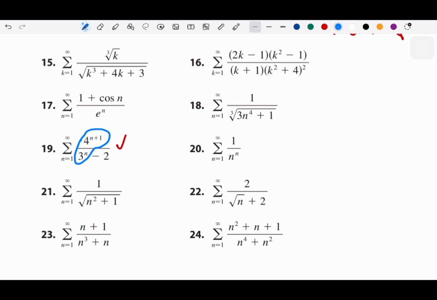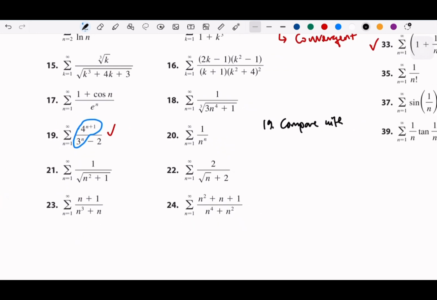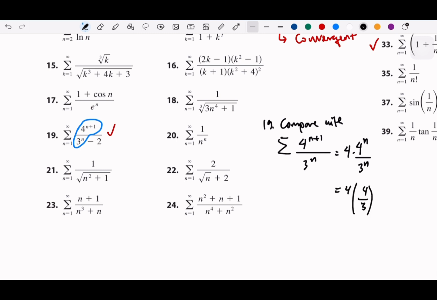So for number 19, we could compare with, let's say, 4^(n+1) over 3^n, or we could write this as 4 to the power of n, or 4^n divided by 3^n, or 4 over 3 to the power of n.